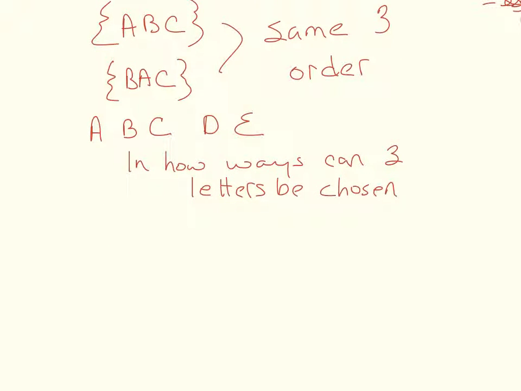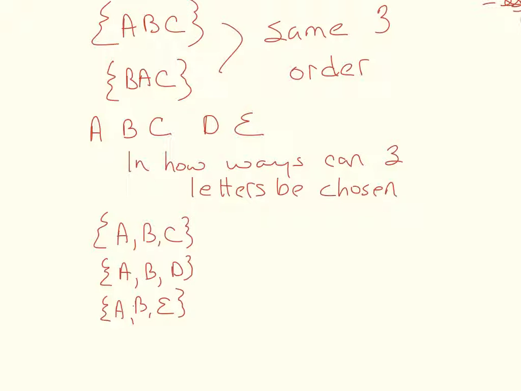First of all, we know that we could do ABC. If we think about a particular order, if we want to do it sequentially, then we could also do ABD and ABE. Okay, so far I've got 3.